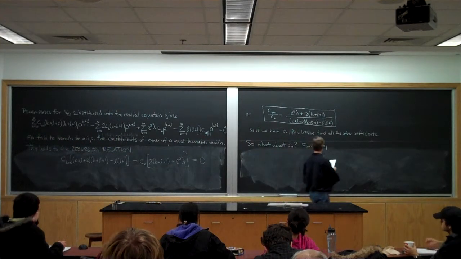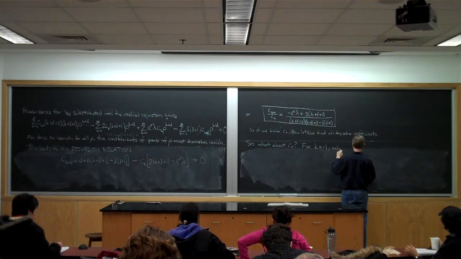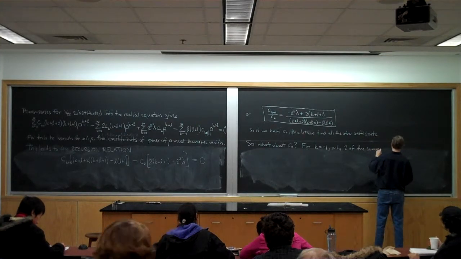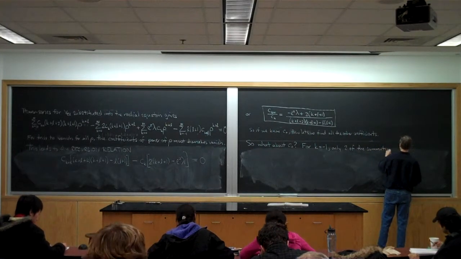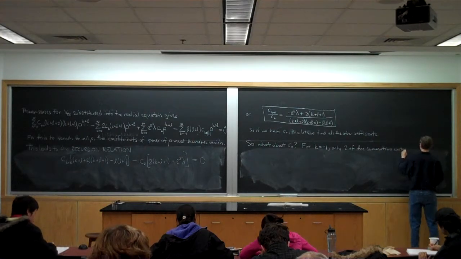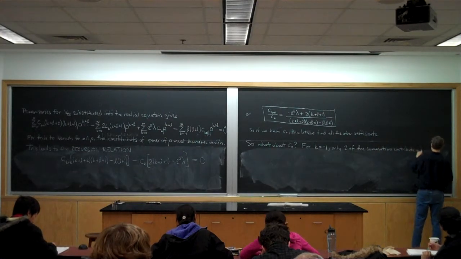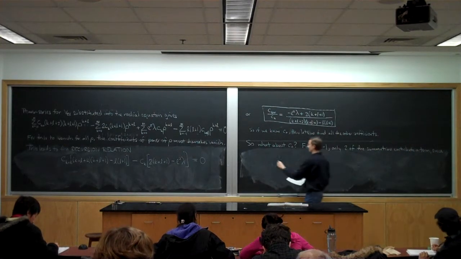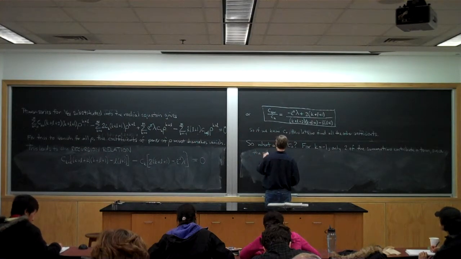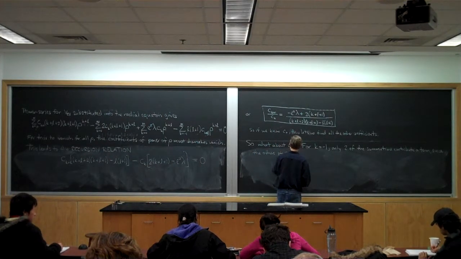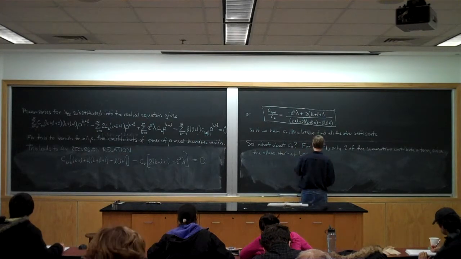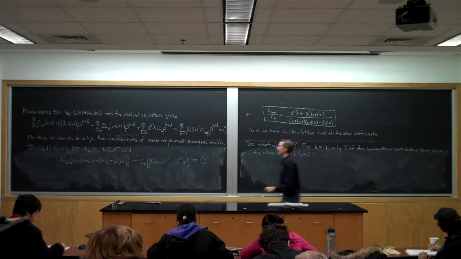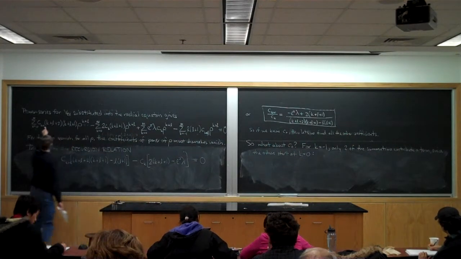For k equals minus 1, only two of the summations contribute, since the others start at k equals 0. And if you look at the contributions for k equals minus 1 from the first term and the last term.